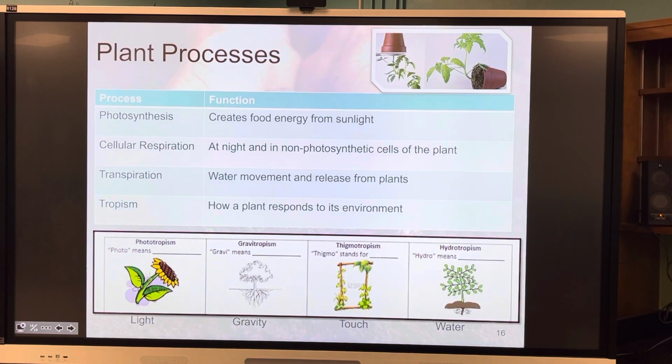Some plants only flower at night. Their flowers only open at nighttime. And then, of course, animals adapt to that. So you get certain species of bats and moths that come in and feed on the flowers at night to pollinate them.